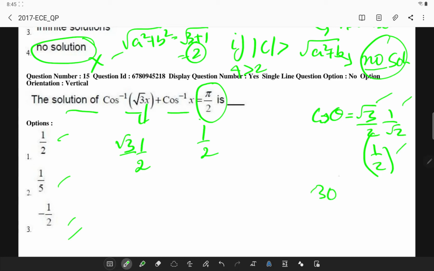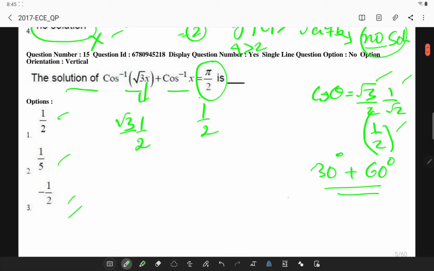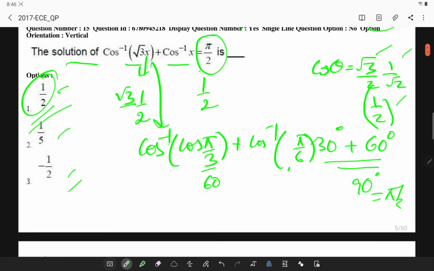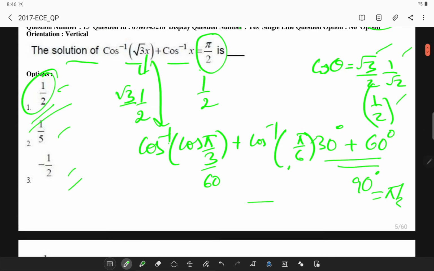If you observe, this question is adding 30 degrees and 60 degrees. So one value must be 30 and the other 60, so the sum is 90, or pi by 2. So this has to be cos inverse cos of pi by 6 and cos inverse cos of pi by 3. If I see the options, only 1 by 2 will substitute in such a way that I will get 90.